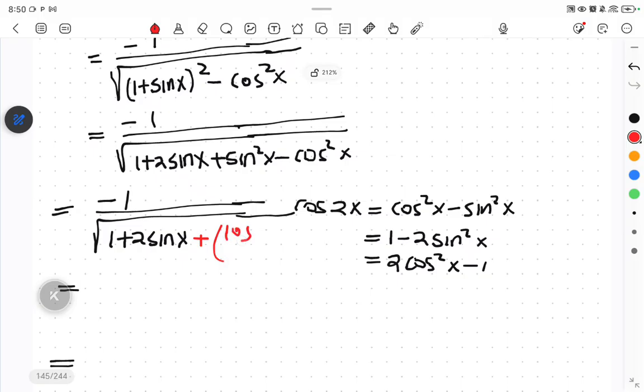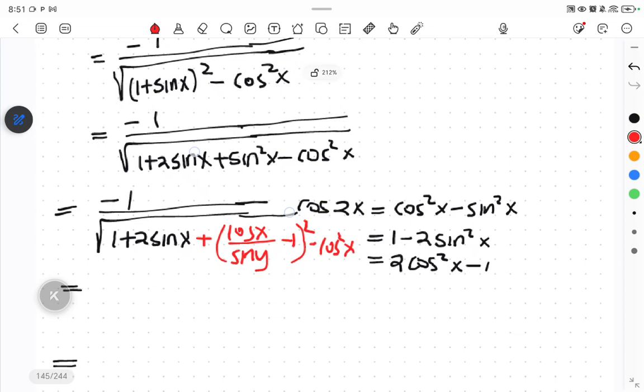Let's change everything to cos x over sin y minus 1, squared, minus cos squared x. If I factor out the negative here, I'll have minus plus.